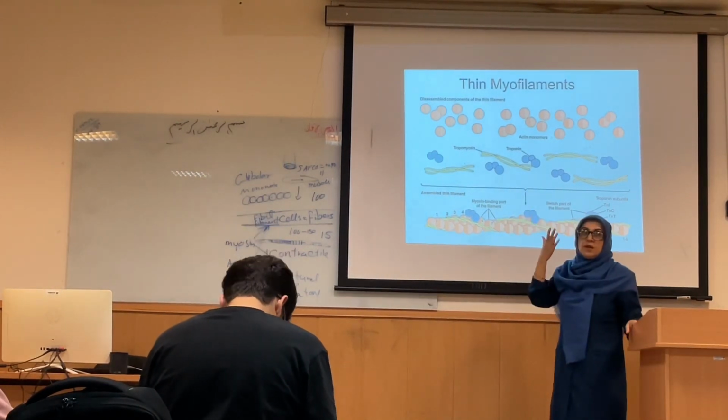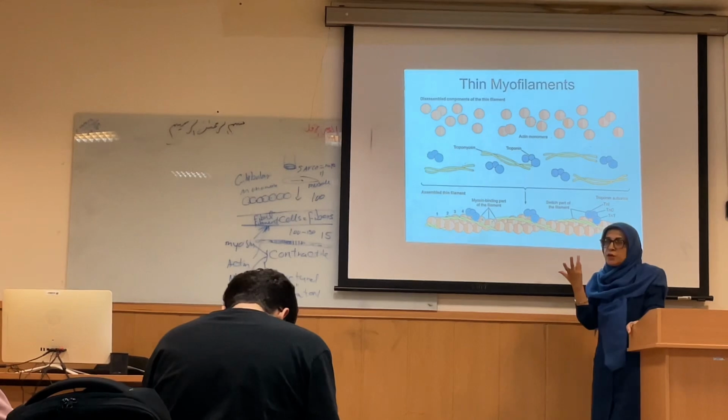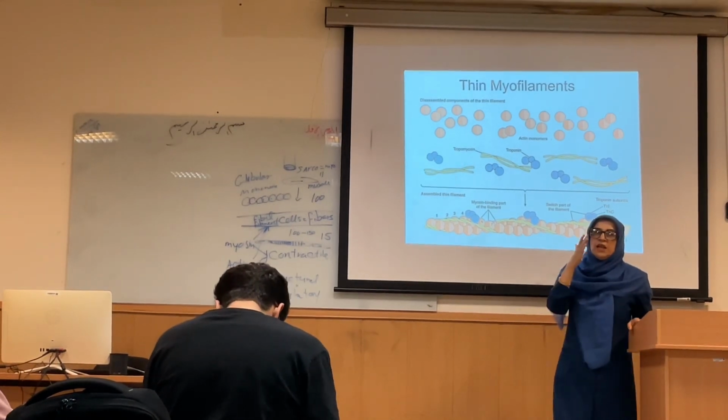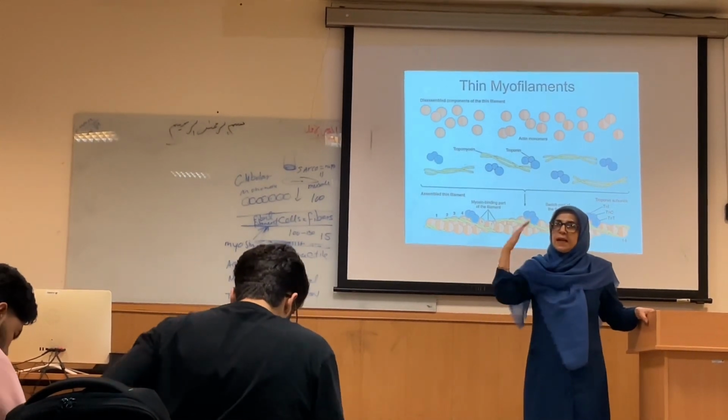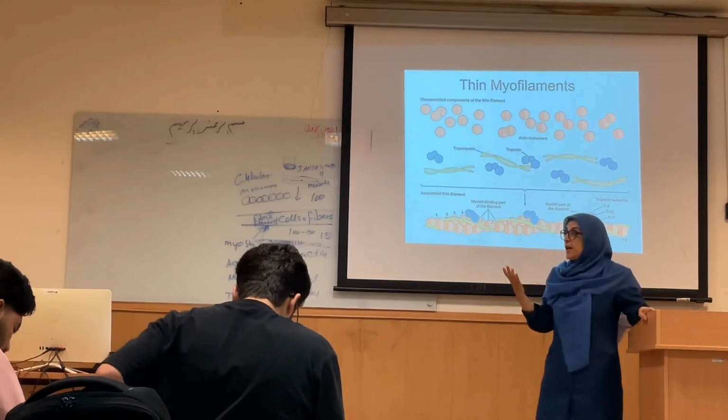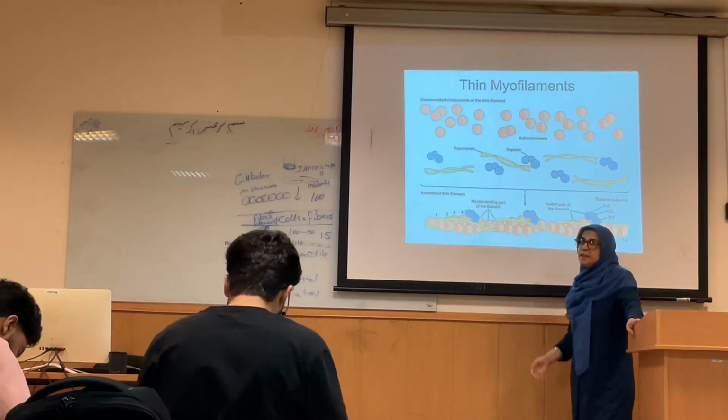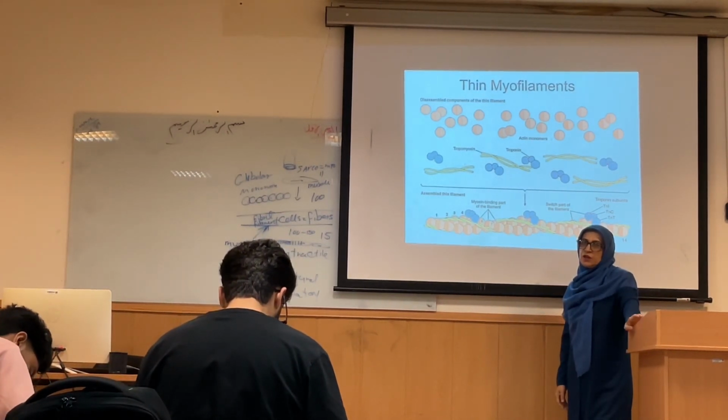Thus, the tropomyosin is a structural protein that changes the G-actin or globular actin to F-actin that is able to attend in the sarcomeric structure.